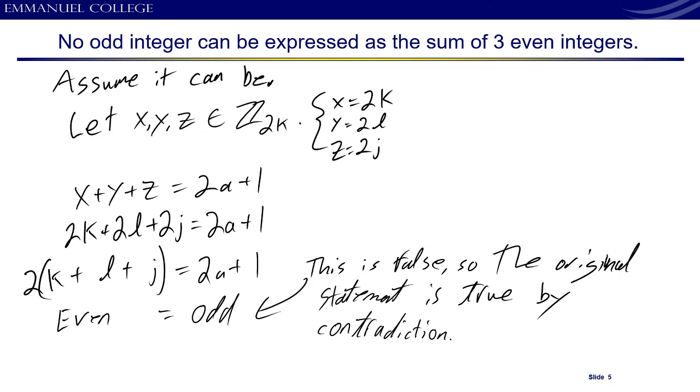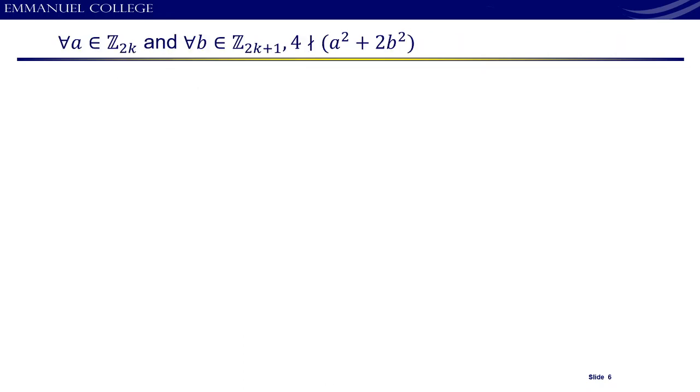So contradiction is assume the opposite outcome. So for all a that are even and for all b that are odd, 4 does not divide a squared plus 2b squared. So take a minute and think. What's the contradiction here? 4 does not divide.